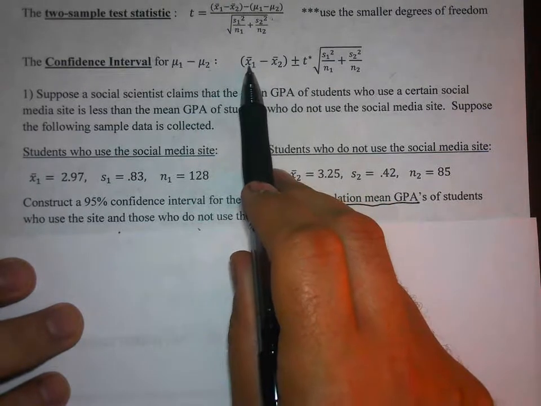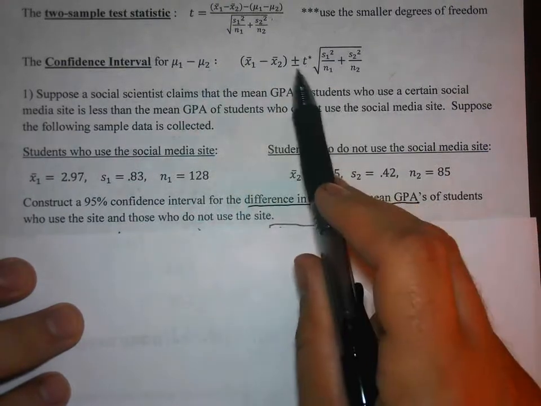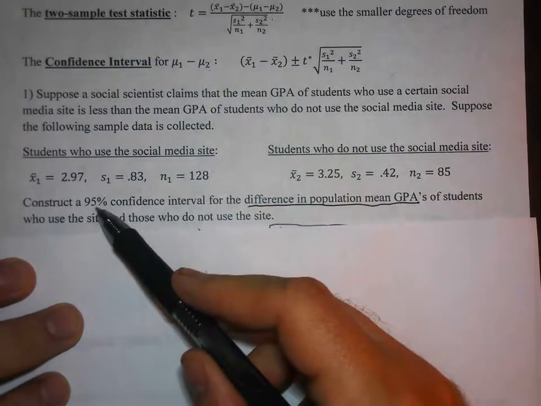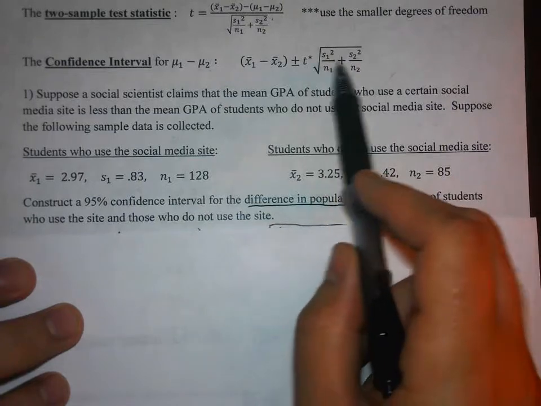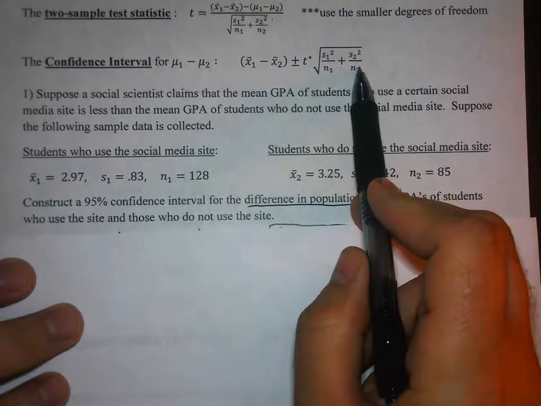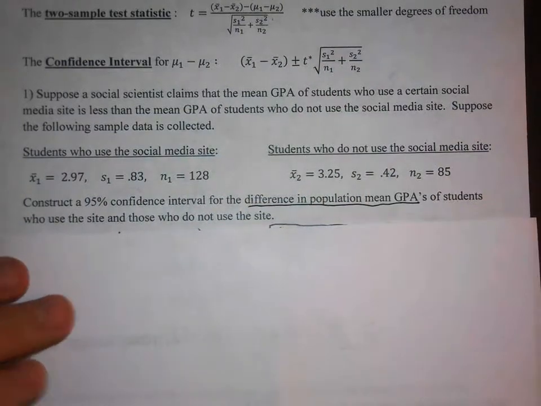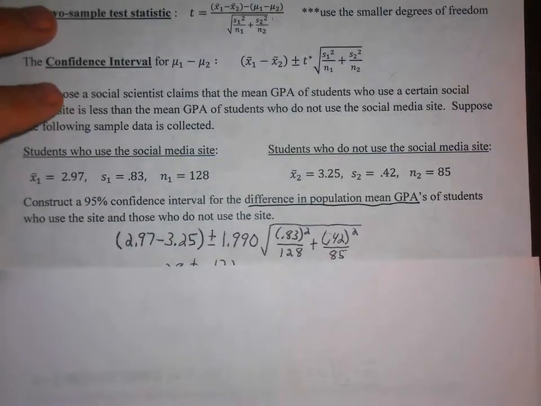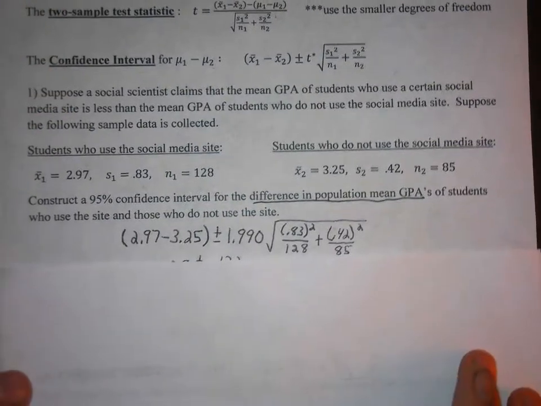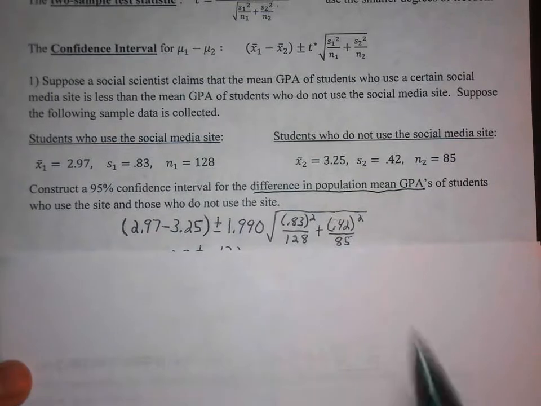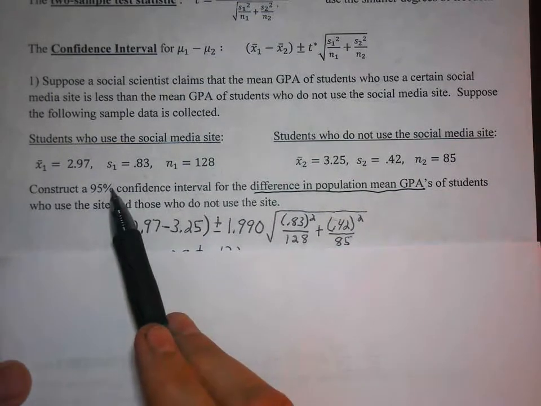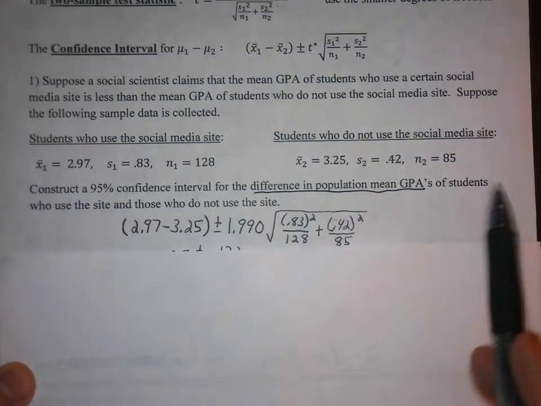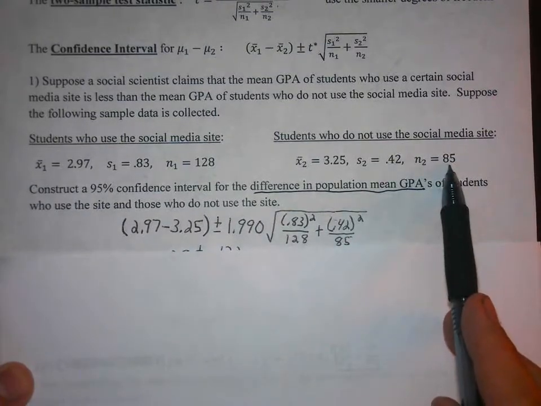So this is the formula or expression that we're going to use. So you substitute in your sample means, find your t-star value for a 95% confidence interval, and then substitute your standard deviations and your sample sizes. And when you do that, this is what you end up with. I'm assuming at this point in this class, we can look up a 95% confidence interval using 84 degrees of freedom.